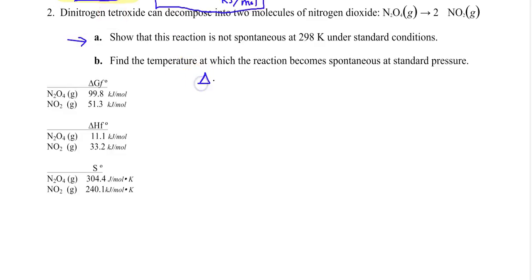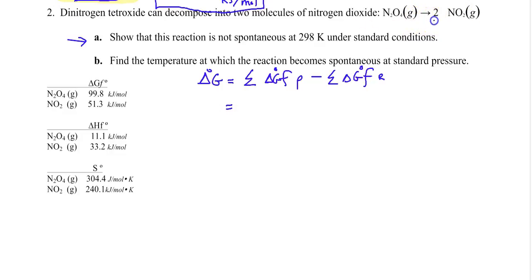So delta G of the entire reaction is equal to the sum of my delta G of formation of my products minus the sum of the delta G of formation, little 0 here, standard conditions, of my reactants. Okay, so this is pretty simple. There's only 2 chemicals altogether.